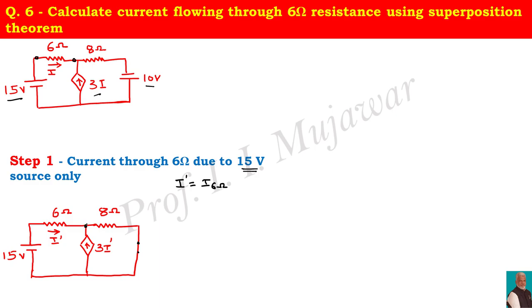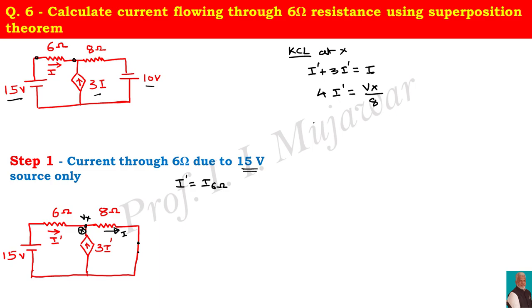If this point is at potential Vx, then the incoming currents are I dash and 3I dash, and the outgoing current is I. So your equation is I dash plus 3I dash, the incoming current, is equal to outgoing current I. So 4I dash is equal to I, and I is nothing but Vx by 8.